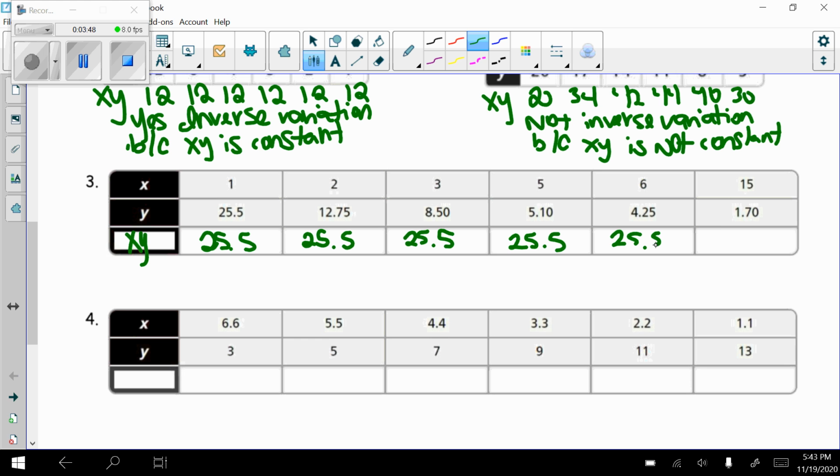And 15 times 1.7, 25.5. Did I get the exact same thing each time? Yes. So yes, this is an inverse variation, because my product xy is constant.